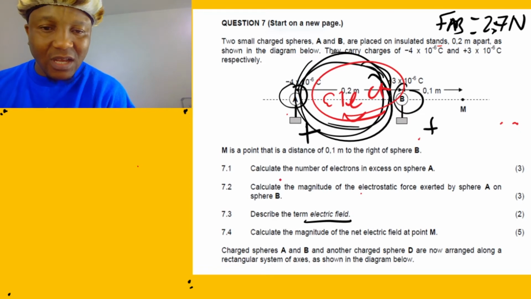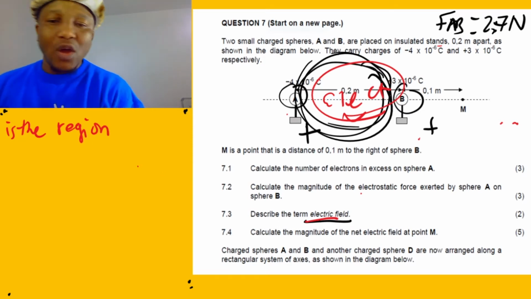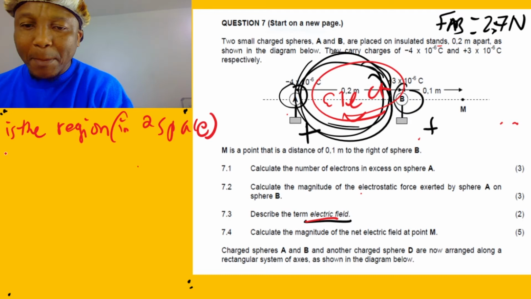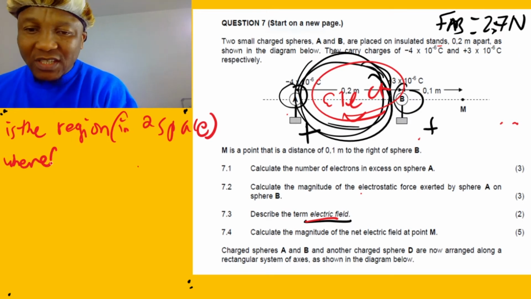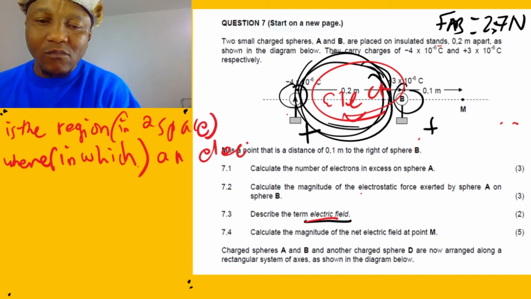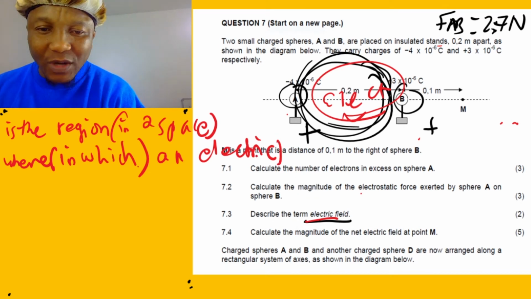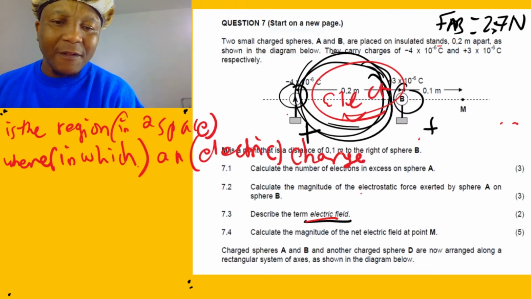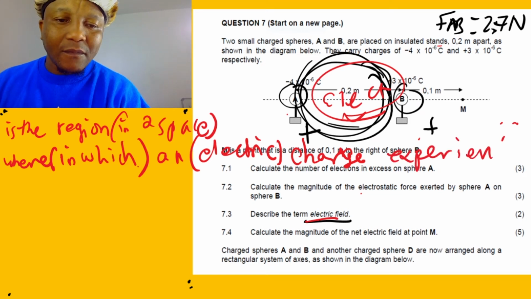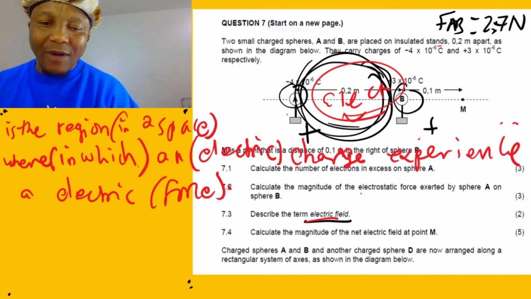Electric field is a region in space in which an electric (bracket) charge experiences an electric (bracket) force. Write exactly this and you get all your marks.